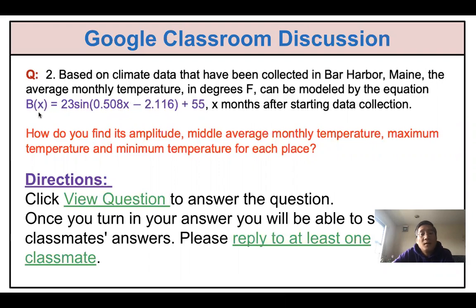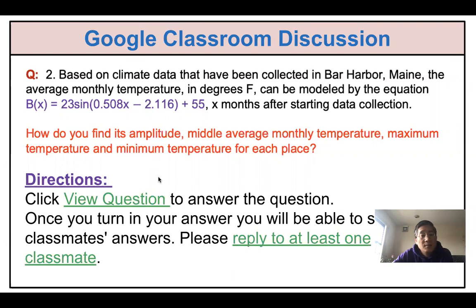But in the Google Classroom, I want you to just answer: how do you find the amplitude, the middle average monthly temperature, which is the center line? This is the center line, right? Middle average monthly temperature, center line. And the maximum temperature: from the center, by the amplitude, how many go up and how many go down.